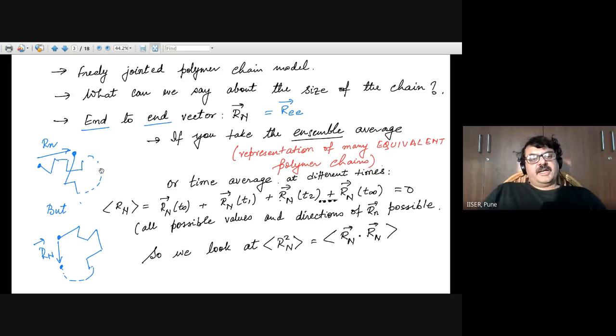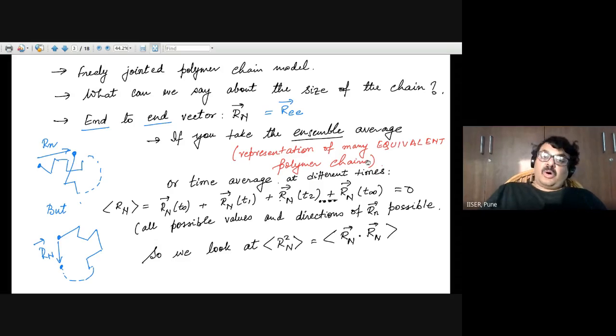Now, this polymer can take various conformations because each of the monomers can move as long as they maintain the constraint of the bond length. Suppose you have various copies of this polymer chain, which constitutes an ensemble, a representation of many equivalent polymer chains.